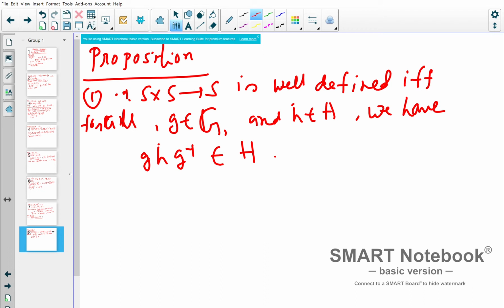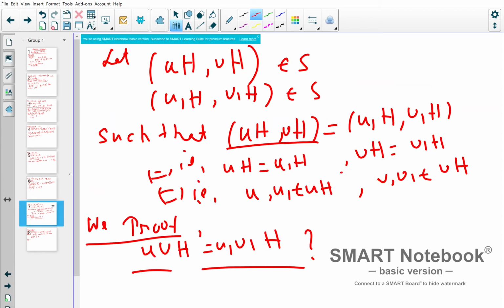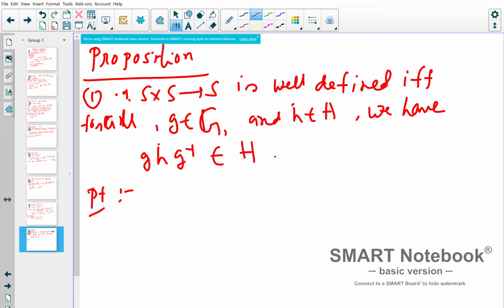Now how to prove this? Let me continue from here. I need to prove that UVH equals U1V1H if I assume this condition.